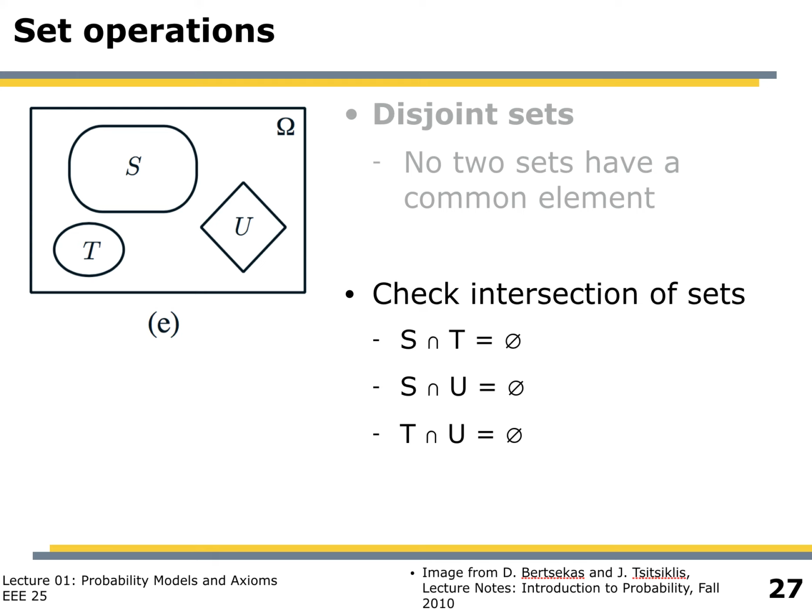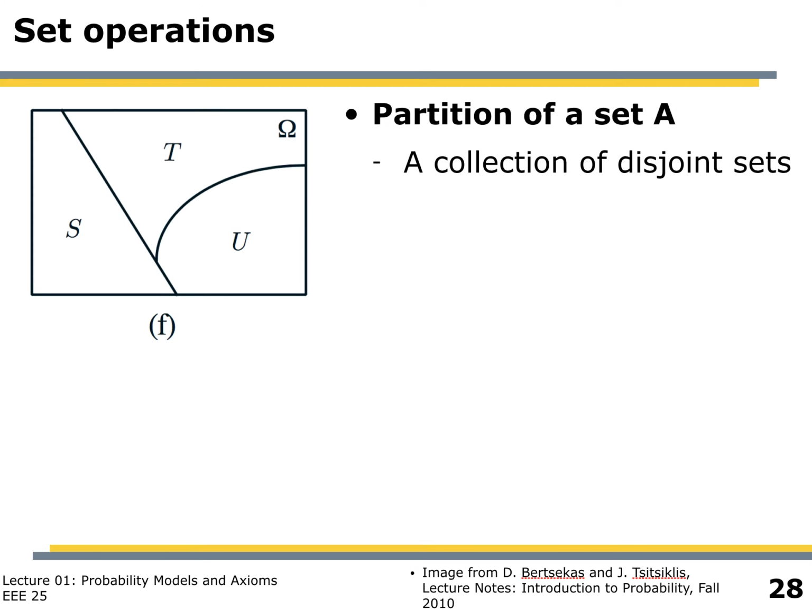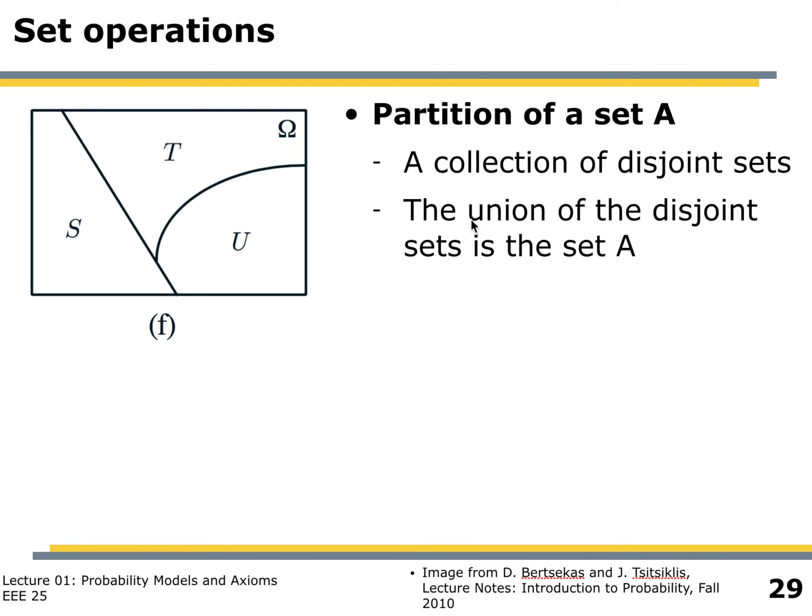An extension of disjoint sets would be a partition. And here, a partition of a particular set A would involve a collection of disjoint sets. And when we get the union of those disjoint sets, what we get is the set A. So if we apply that definition to this Venn diagram right here, then we have three disjoint sets, S, T, and U. If you get the intersection of any two sets, you will get the empty set.